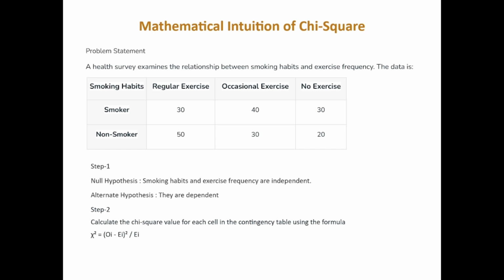There are two types of smoking habits, smoker and non-smoker, and within the exercise category we have three types: regular exercise, occasional exercise, and no exercise.